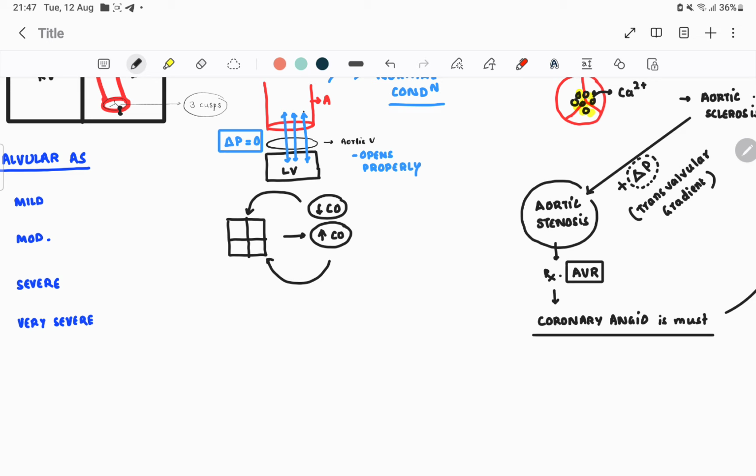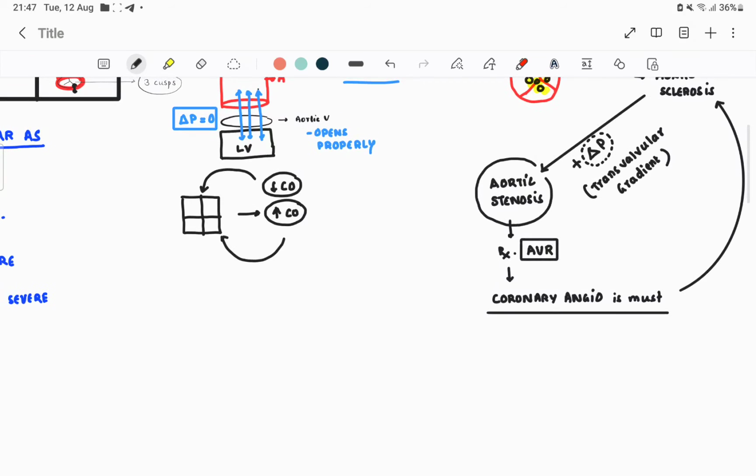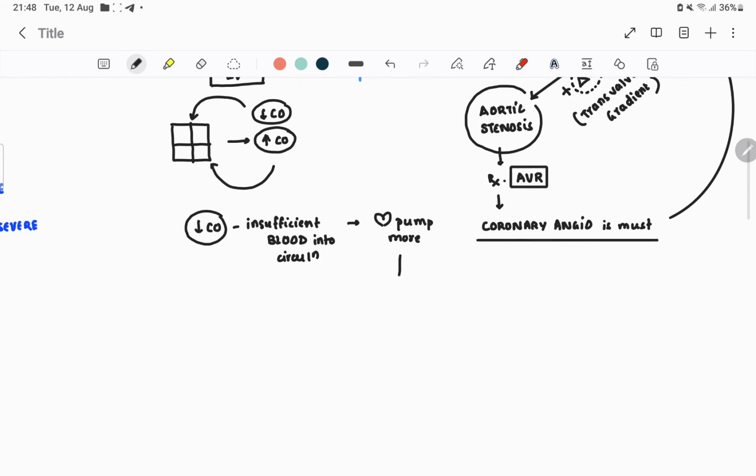Decreased cardiac output means insufficient blood going into the circulation. Due to insufficient blood, the heart will pump more, and to pump more it will undergo a pathological process of hypertrophy.